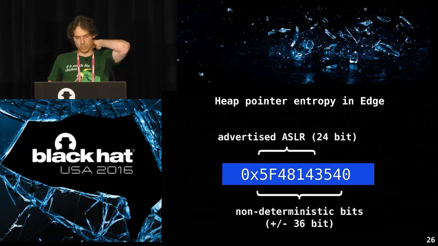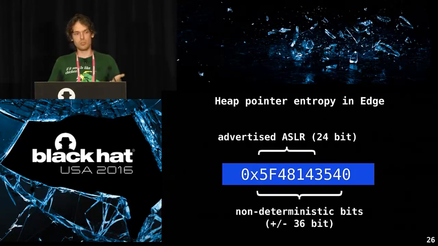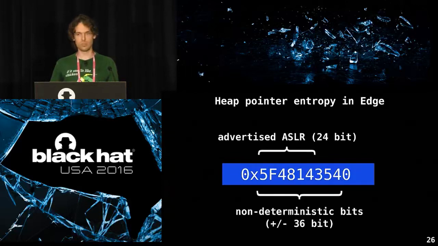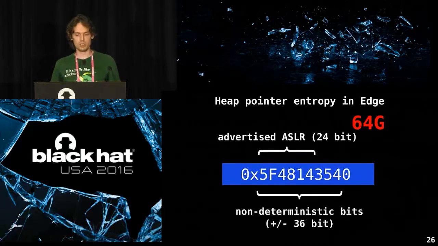So we needed to find a better way, because given that you have 24 bits of entropy, so it's 2 to the 24th pages, so 2 to the 24th times 4K byte pages, you need 64 gigabytes.